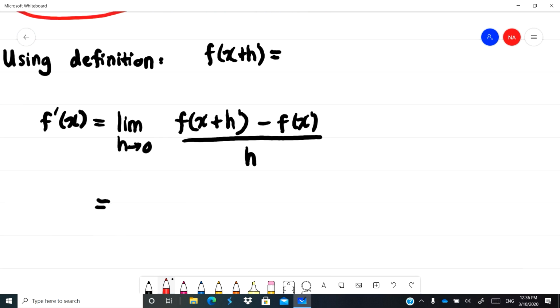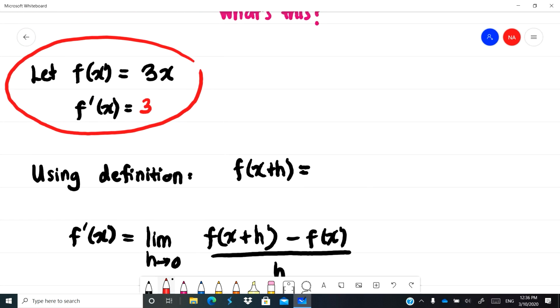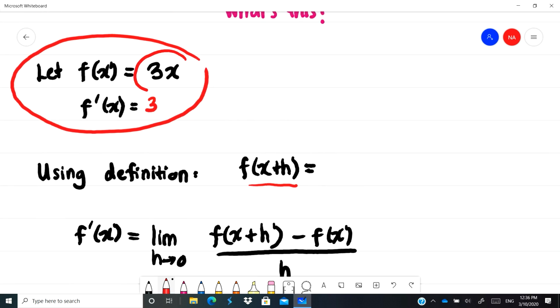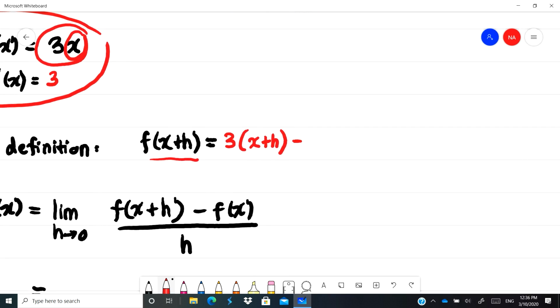Firstly, to use the definition, you have to find f(x plus h). Given that the function is 3x, x is substituted with x plus h. So you expand this and you'll get 3x plus 3h.